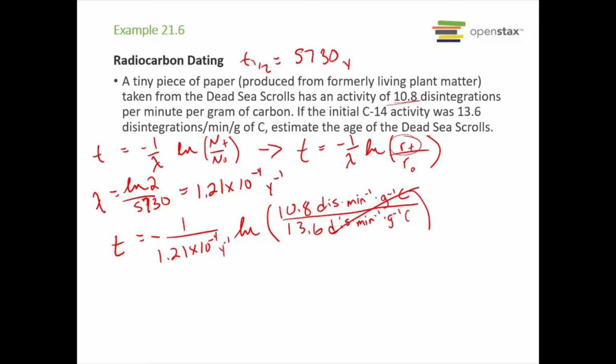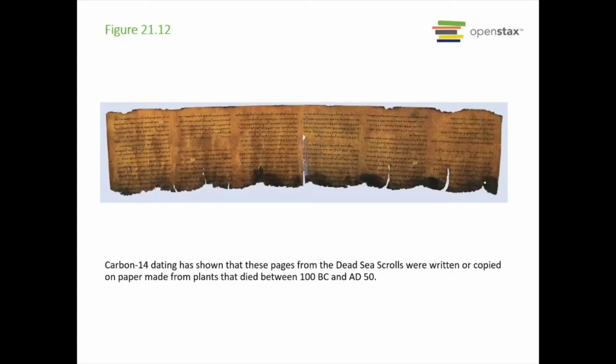So all those units cancel out. And then this comes out to be 1,910 years, approximately 1,900 years old. And so here's a picture of some of the Dead Sea Scrolls.